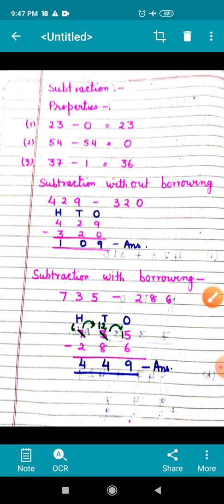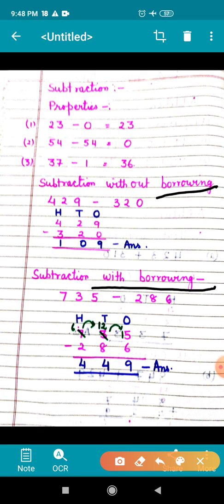Now next is the method of subtraction. So two methods: the first one is subtraction without borrowing and the second one is subtraction with borrowing. So children, what will we do? Here the question is given: 429 minus 320. So first of all what will we do?